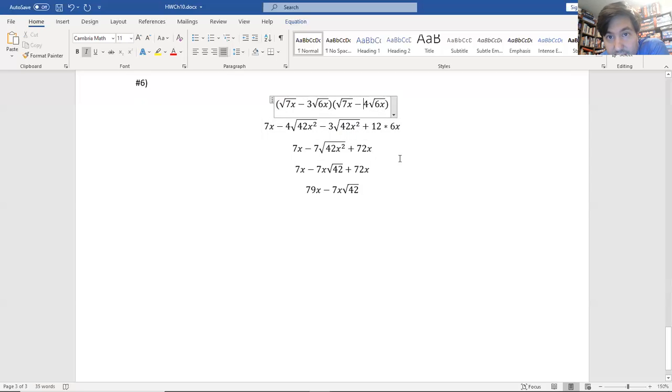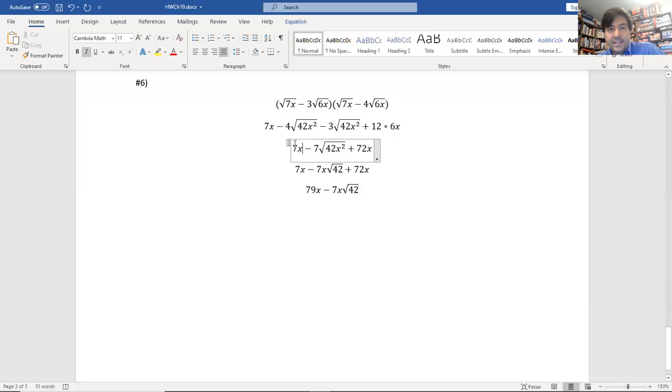Negative 3 times negative 4 is a positive 12. Root 6x times root 6x, again, if you multiply the root by itself, it cancels out the root and leaves you with just a straight up 6x. So the numbers in front gave us a positive 12, and then the inside gave us a 6x. And those two things will get multiplied together.